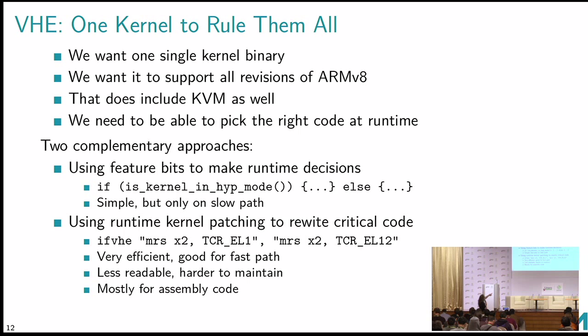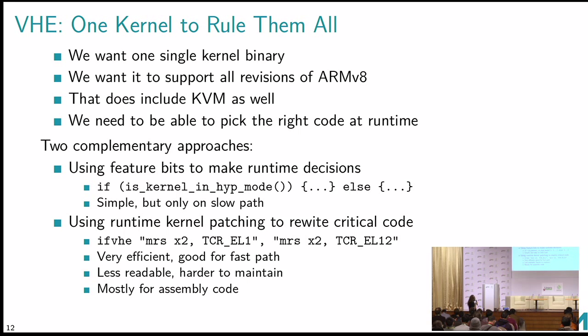So this particular line, if VHE, is actually directly taken from the V8.1 hype code. If VHE is actually very badly written, because what you have on the left side is the V8, and what you have on the right side is V8.1. So it should be renamed to something easier to understand. But you're seeing that on the left side we're accessing the TCR-EL1 while saving possibly the guest system register.